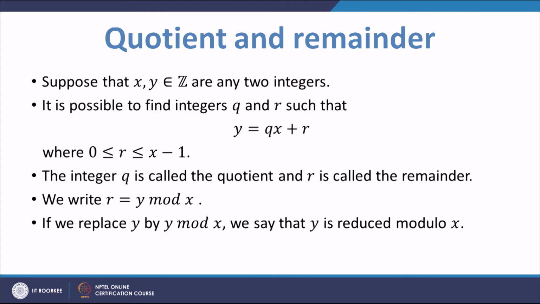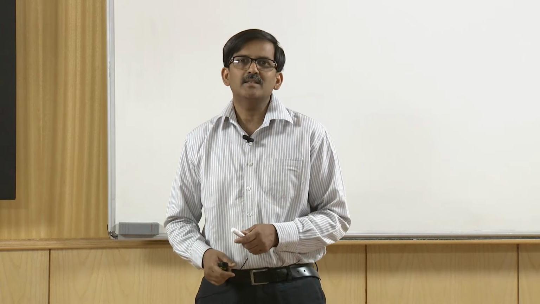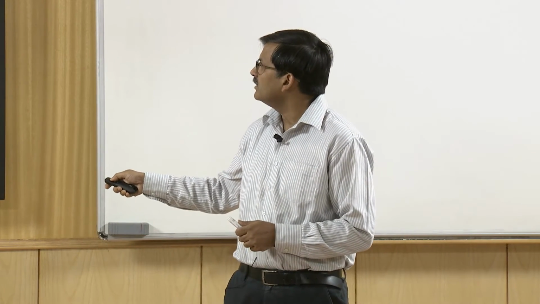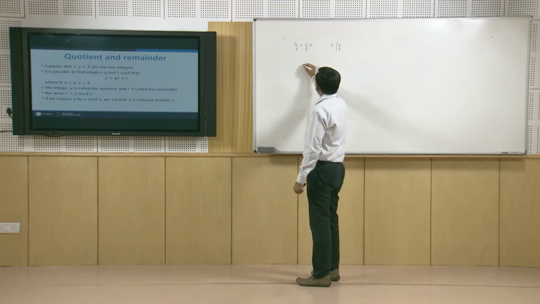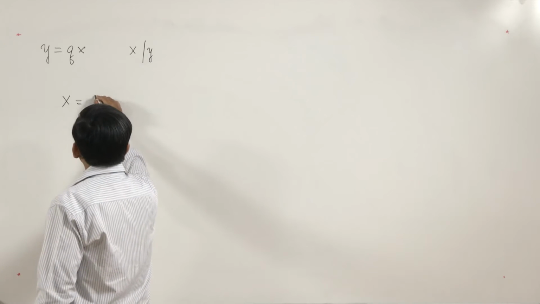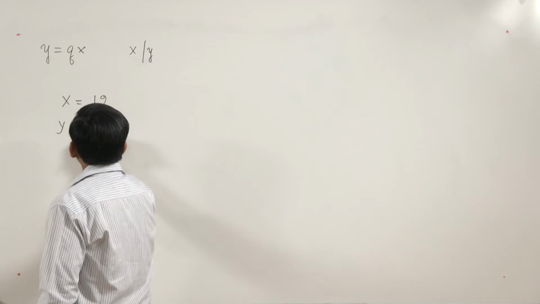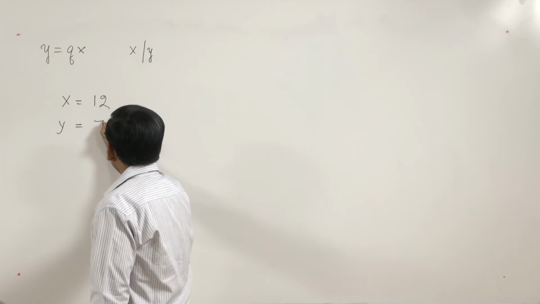Suppose we have two integers x and y belonging to Z. We know that we can find two integers q and r such that y equals qx plus r. This is nothing new.